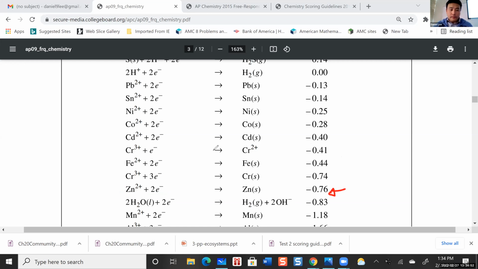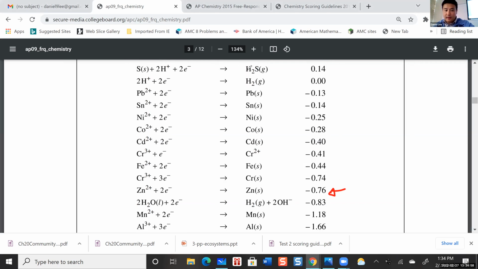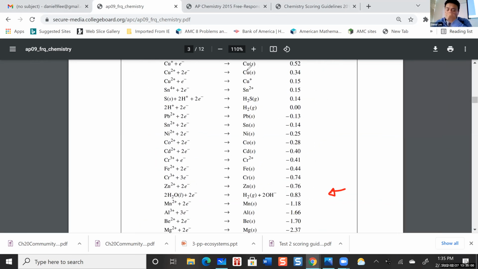Copper is actually not in the same frame, so let me zoom out. Now we have zinc and copper in the same frame. Zinc is this one here, and Cu2+ plus 2 electrons gives you copper is this one.